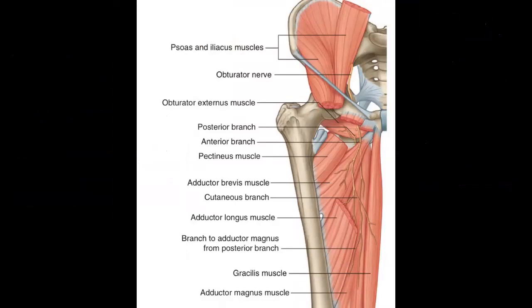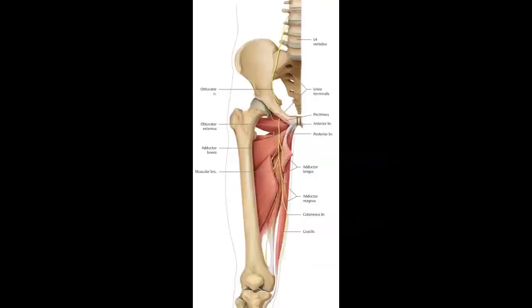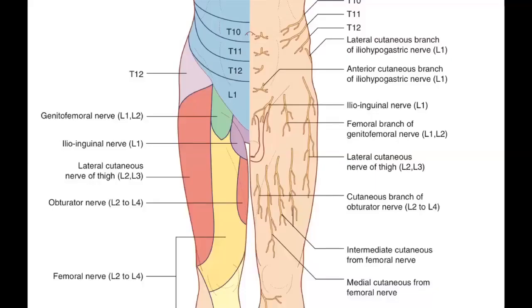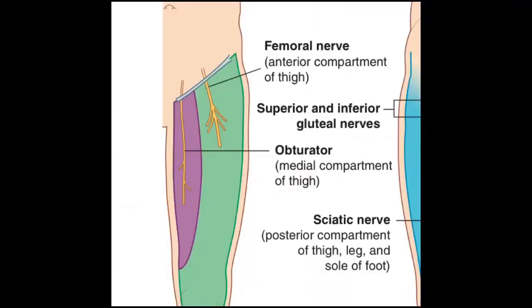You see, that is the posterior branch. So this is the obturator nerve, L2 to L4. Okay, seen from front. Again, obturator nerve, the whole medial compartment of the thigh.